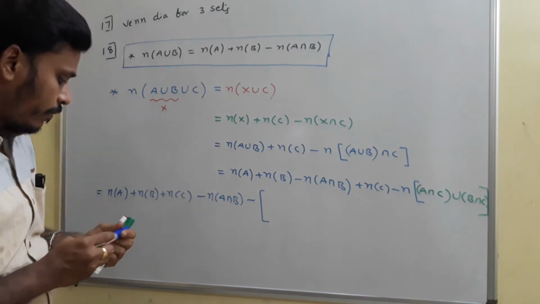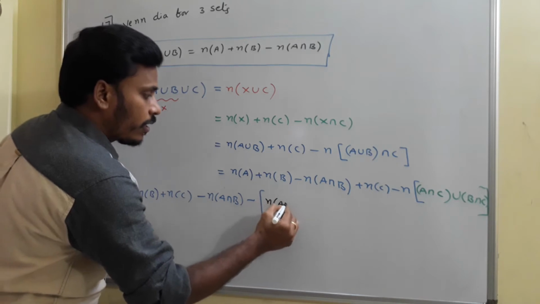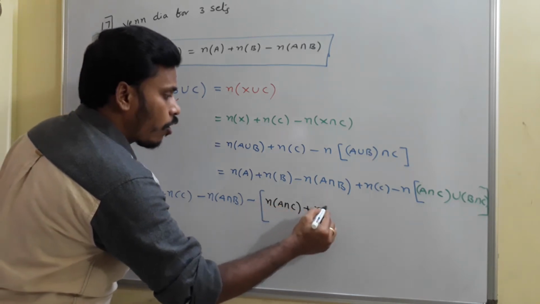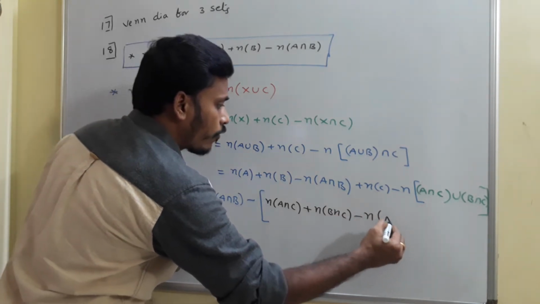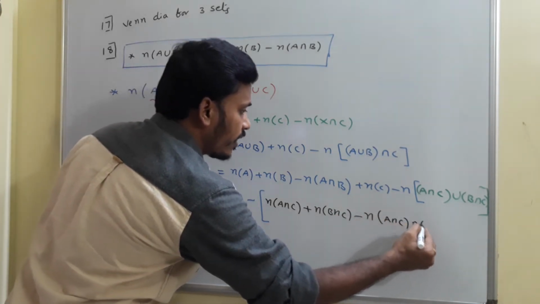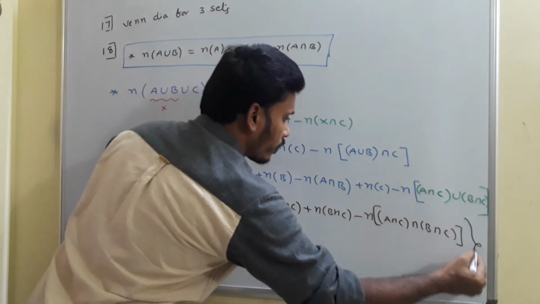Just have a look there. n of the first set A intersection C plus n of the second set B intersection C minus n of A intersection C intersection B intersection C. Just have a look.